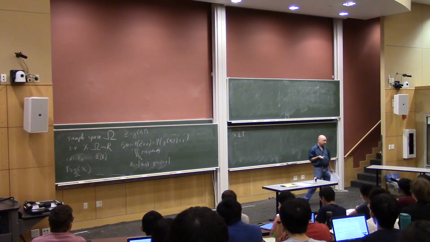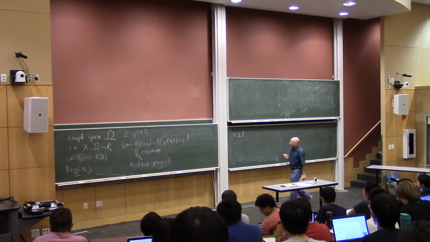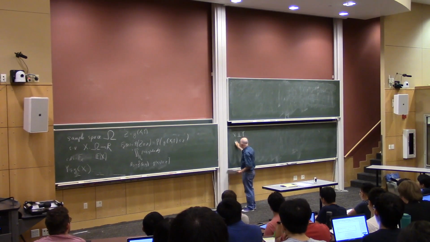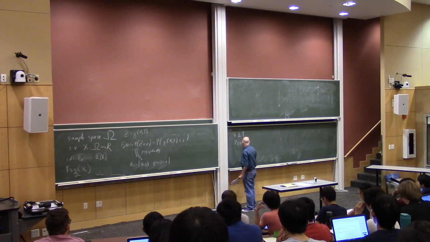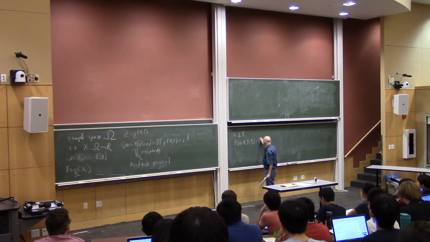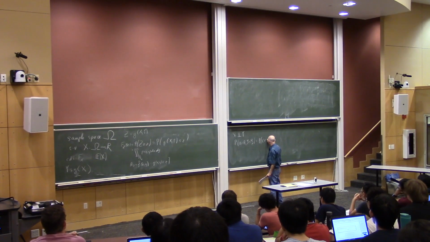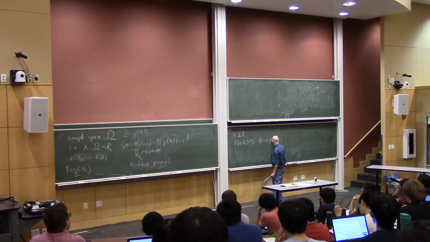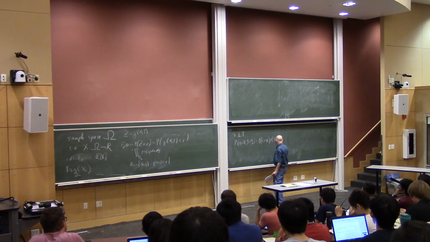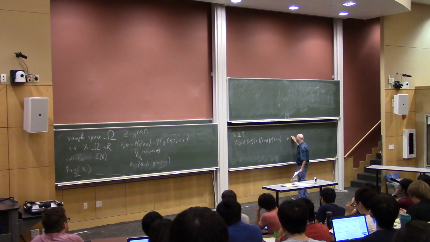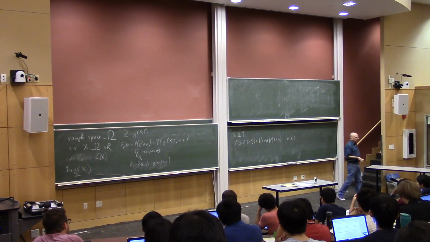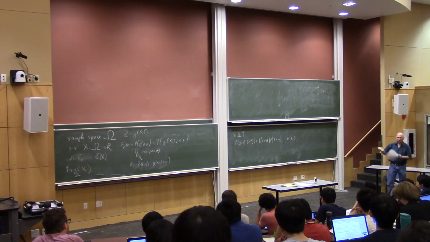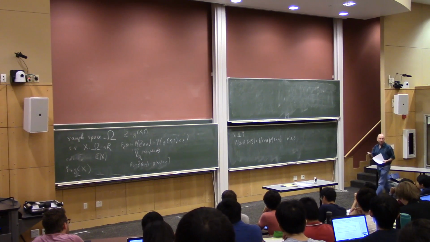But the way we express that probabilistically is that the joint probability statement about X and Y, so the probability that X is in A and Y is in B, is always equal to the product, the probability that X is in A times the probability that Y is in B. And this has to hold for all events A and B. So that's either a physical fact about whatever situation you're studying, or it might be an assumption we're making.